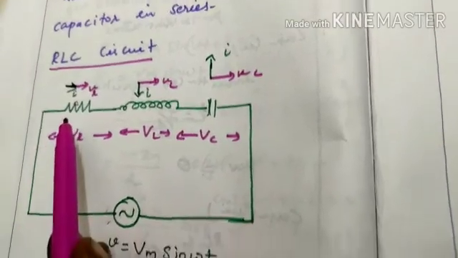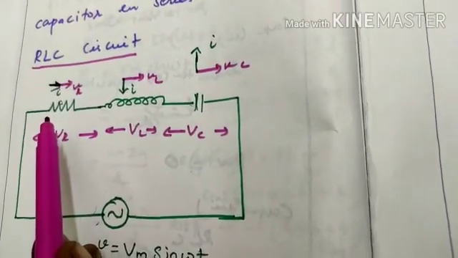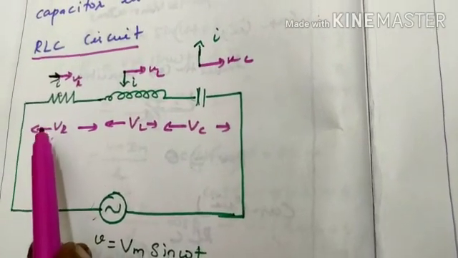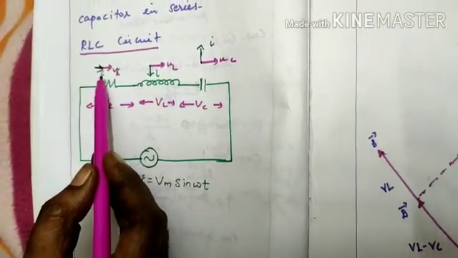We have already studied the phase relationship of current and voltage. For a resistance, voltage and current are in phase with each other.